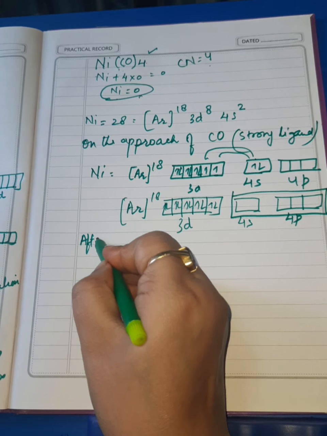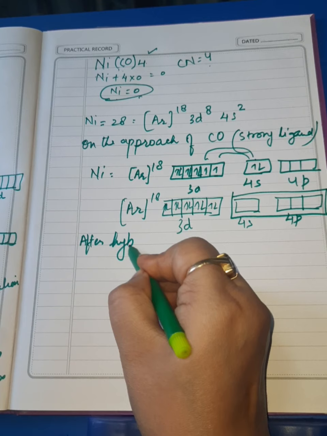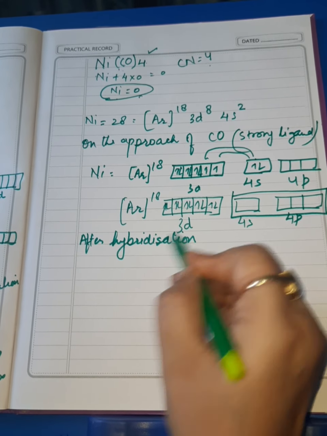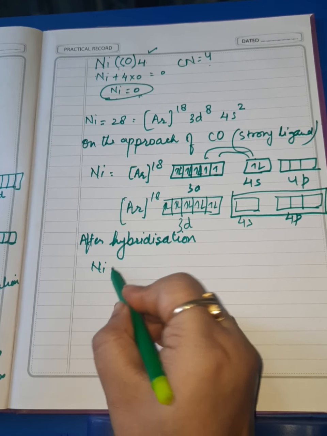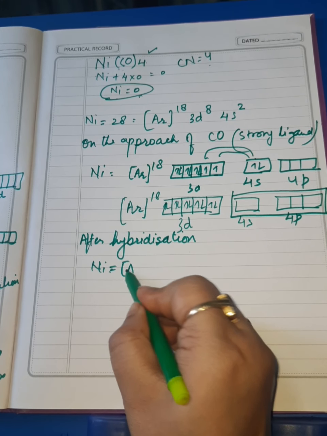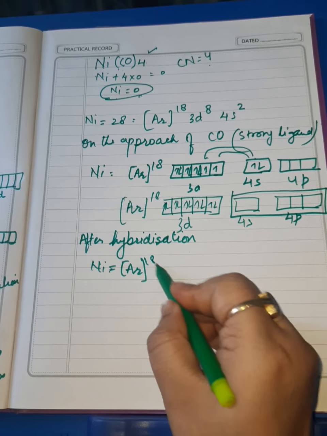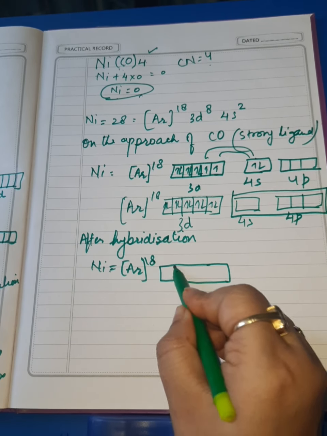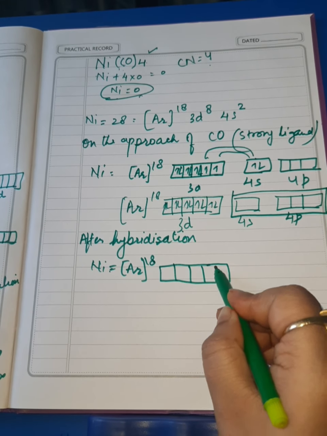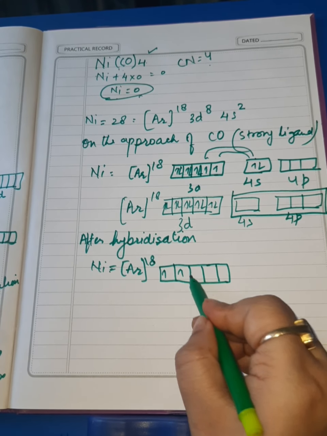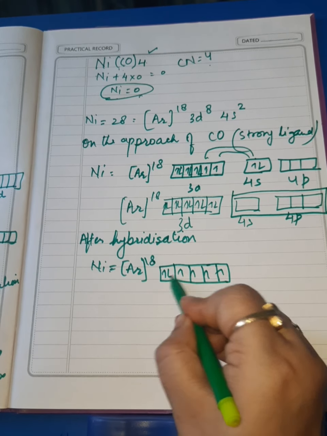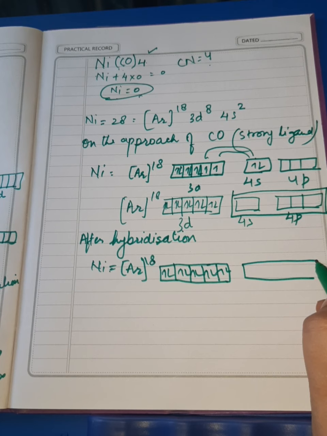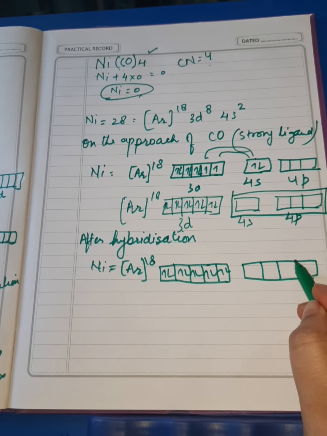So after hybridization, the situation can be written as nickel, argon 18, 3D, all electrons are paired. You can see, and then we have 4 hybridized orbitals.